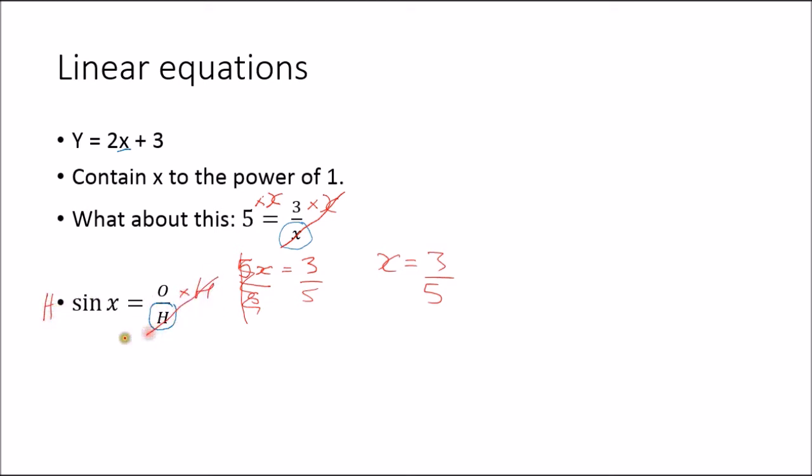These would cancel, and we'd be left with h sine x equals O. If we wanted to get the value of h by itself, which we might do at some time, then we've got to do the opposite operation of multiplying h by sine x, which would be to divide both sides by sine x, and so it would be O over sine x.